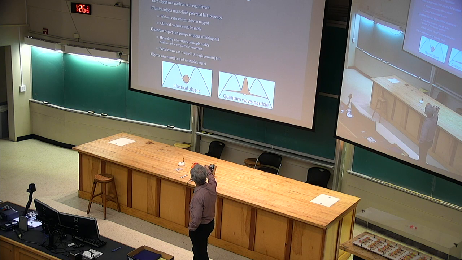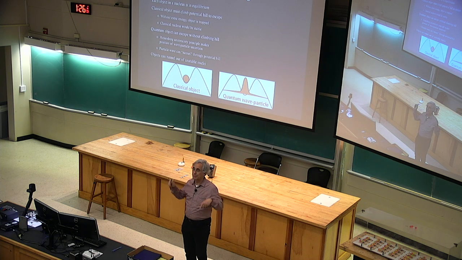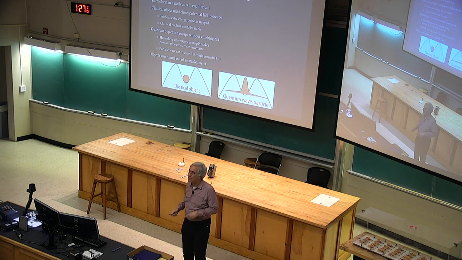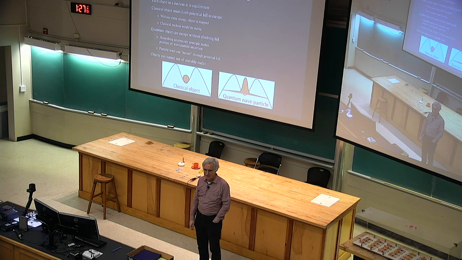Classically, it has the energy to be out here, but it doesn't have the way to get there. So this guy could be out here on the edges without violating any energy problems. But it can't get there because it needs energy to make the trip up, over the lip, and down. And quantum mechanically, it can go from inside to outside without truly going over the bump, without ever having that energy that it would need.